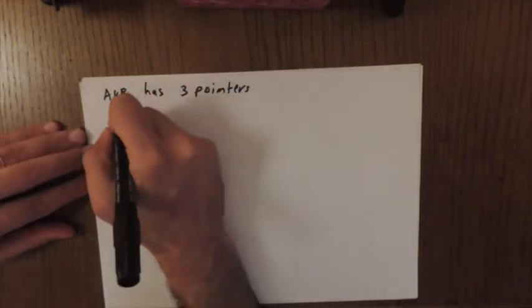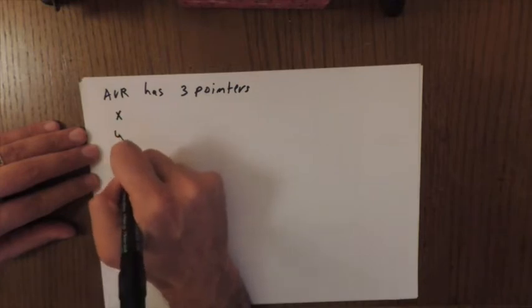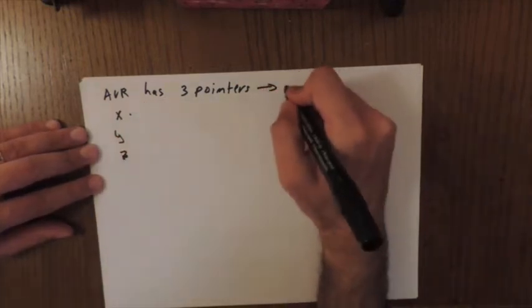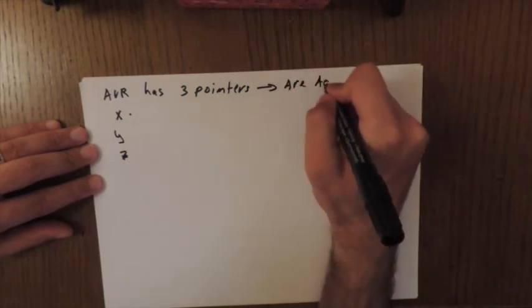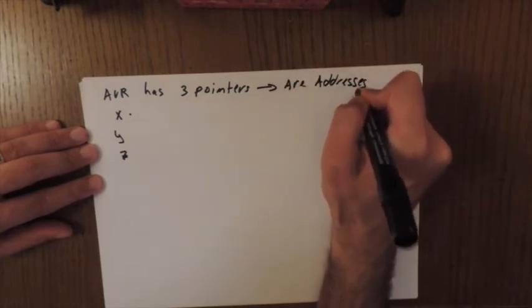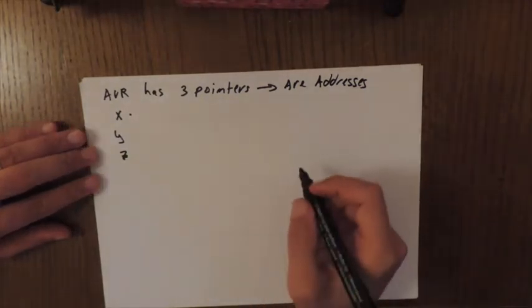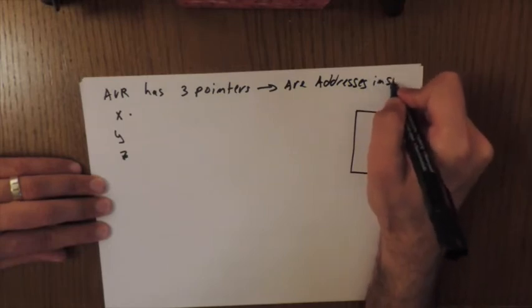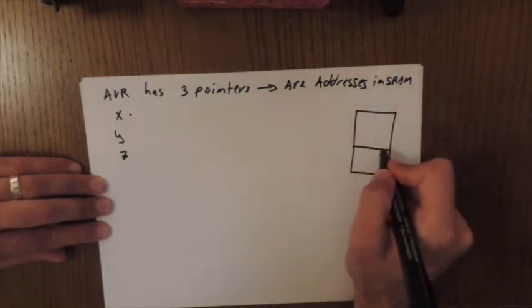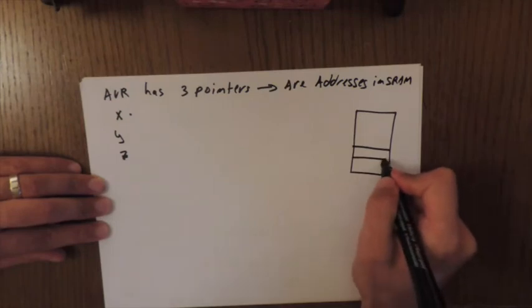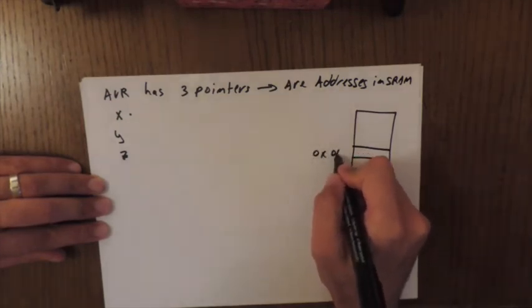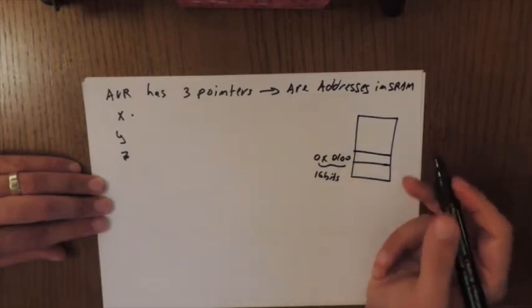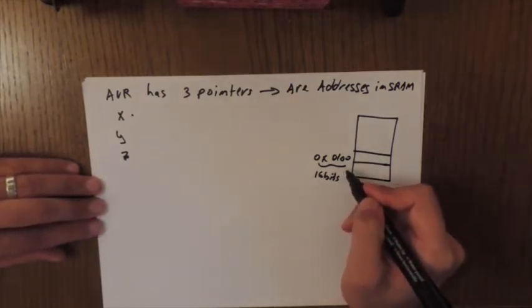They are called X, Y, and Z. And as we know, pointers are used as addresses, whether in SRAM or in the whole memory, it doesn't matter. So if we have 0x0100, we need 16 bits. So this means we need 2 registers to hold this value.